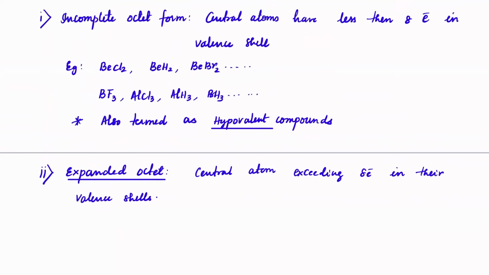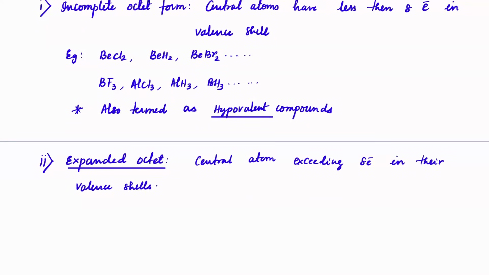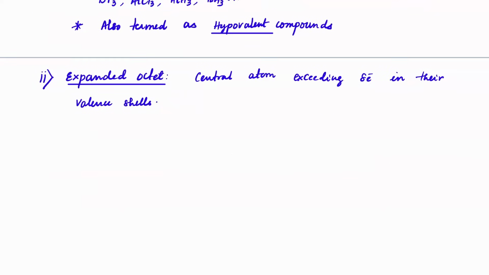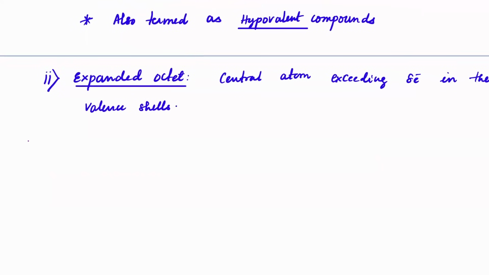Similarly, we have something called expanded octet. Expanded octet relates to the central atom which has more than 8 electrons in its valence shell. Let me take some examples. For instance, PCl5.